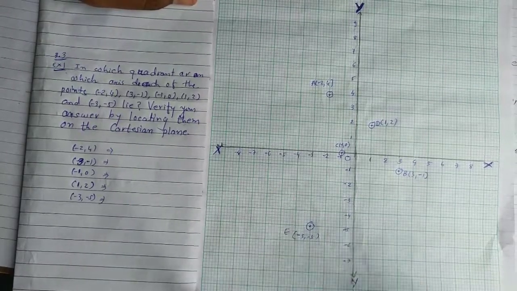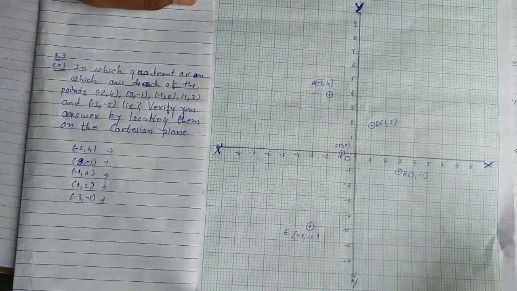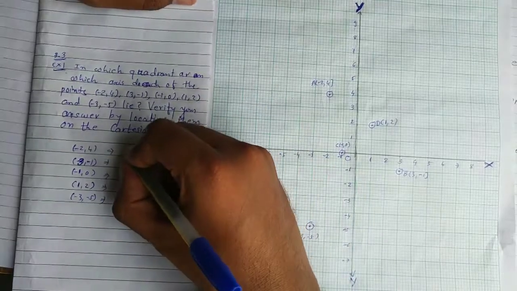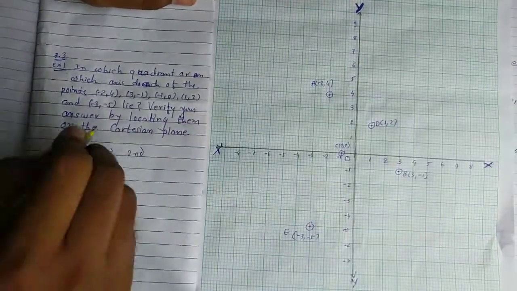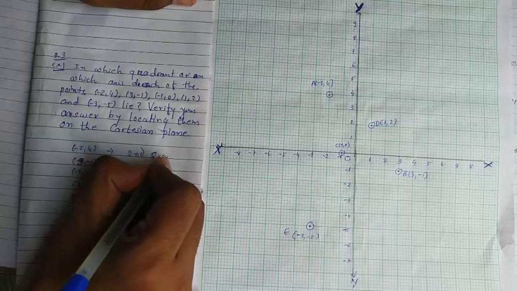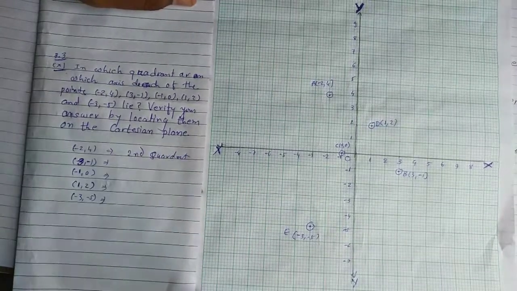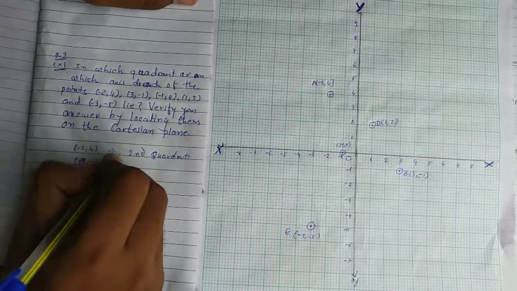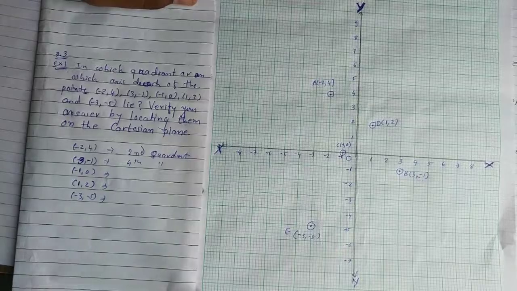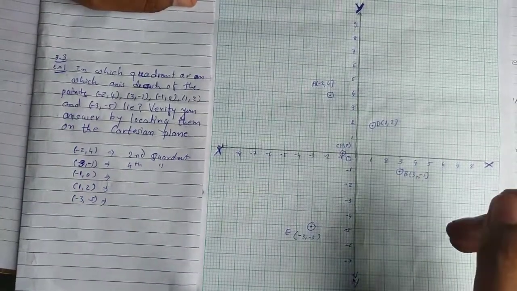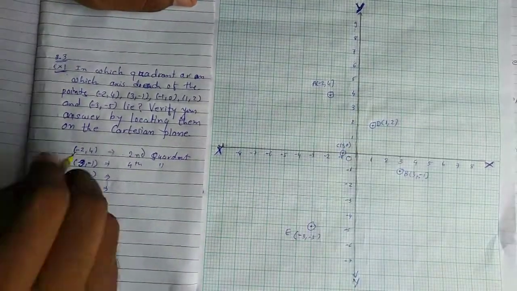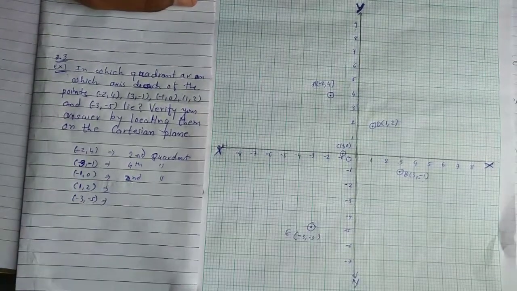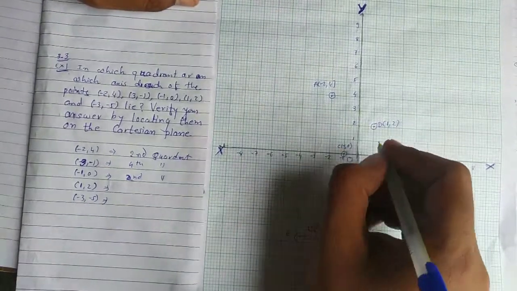Point E. Okay, now we study the first point A, (-2, 4): it is in the second quadrant. (3, -1) is here, B, that is the fourth quadrant. (-1, 0) is here, not second quadrant.